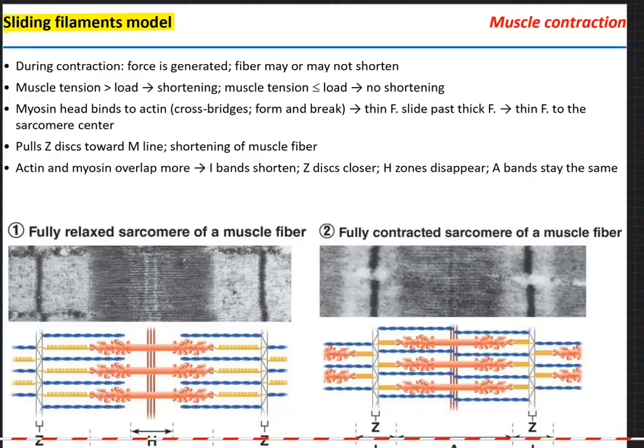The muscle fiber may actually not shorten. So let me give you an example. Imagine that you are trying to push the wall away. You won't be able to. There will be no movement.